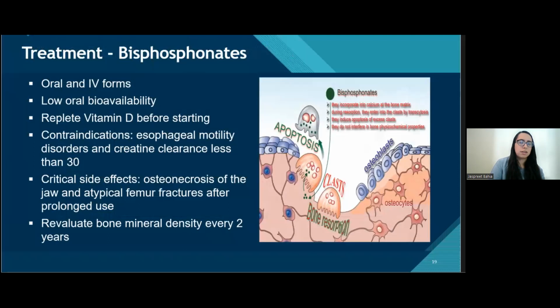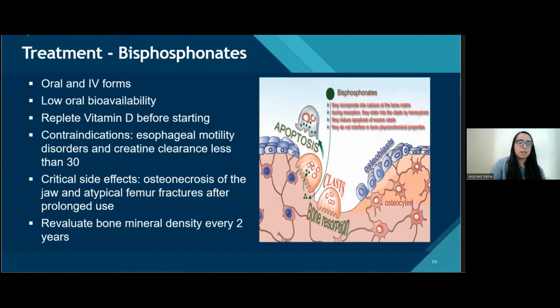The other thing you want to do after starting a bisphosphonate is reevaluate your patient's bone mineral density every 2 years after starting it to make sure that they're increasing their bone mineral density and they're not getting worse. If they are getting worse after taking bisphosphonates, obviously assess for medication compliance.